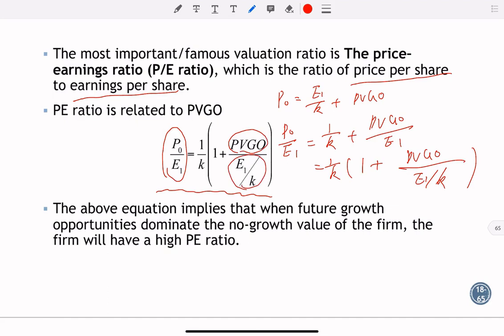What is PV goal? It's essentially the value from growth opportunities. So you can see that if a firm's future growth opportunities are much larger compared with the no growth value of the firm, then this firm will have a high PE ratio. Essentially, this tells you a high growth firm will have a high PE ratio, right?